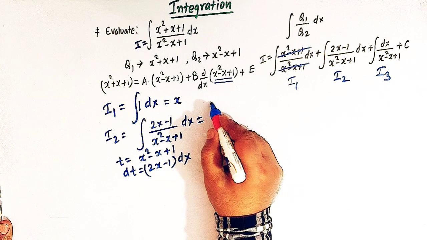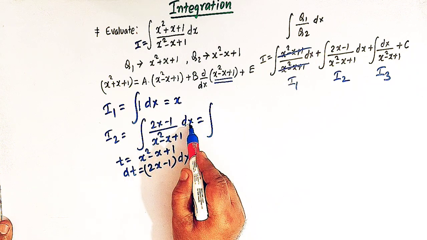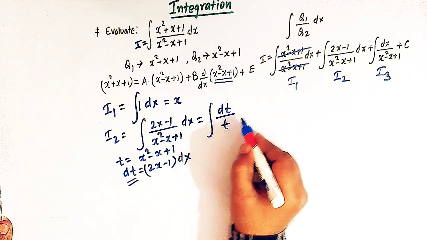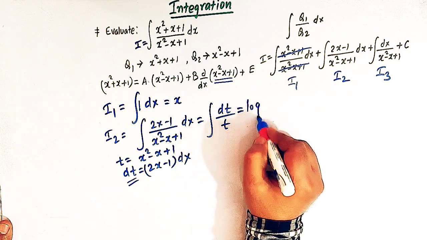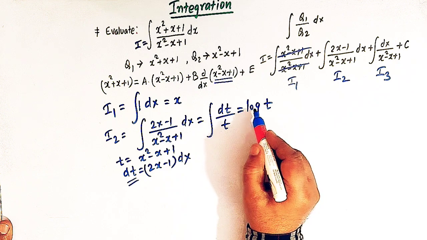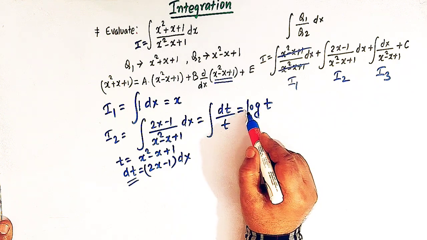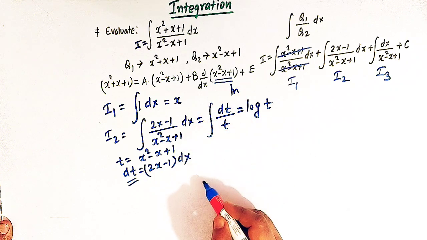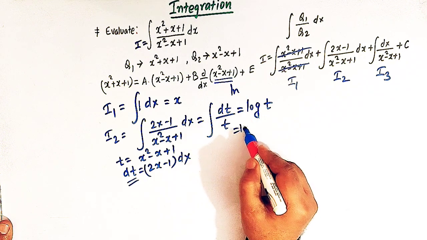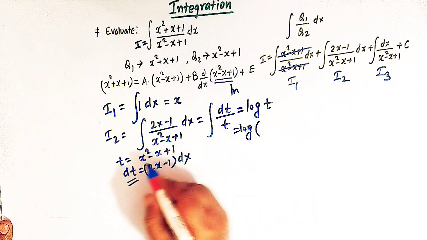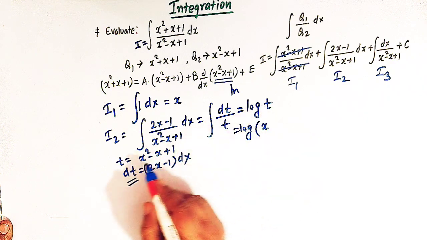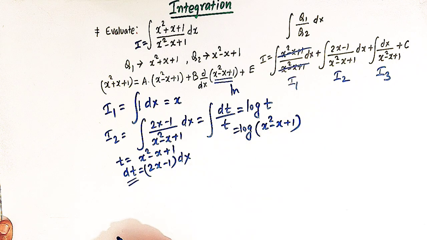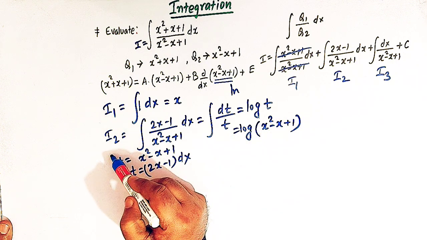So we have here 2x minus 1 dx is equal to dt, and here we have t, this is a log of t, right? So here we are using the notation log for the natural log, that is ln, right? So we have log of, taking t is equal to x square minus x plus 1, right? So we have I1 and I2.